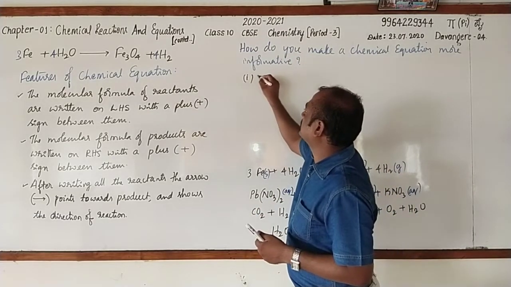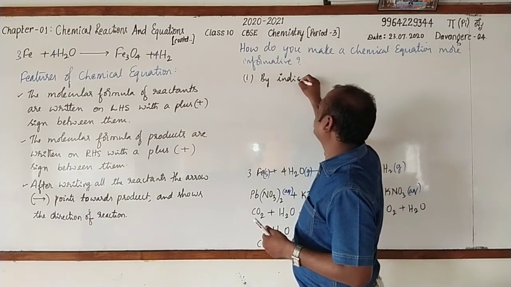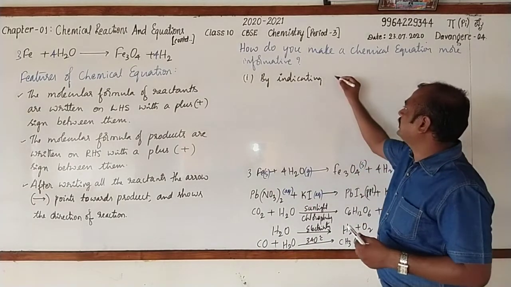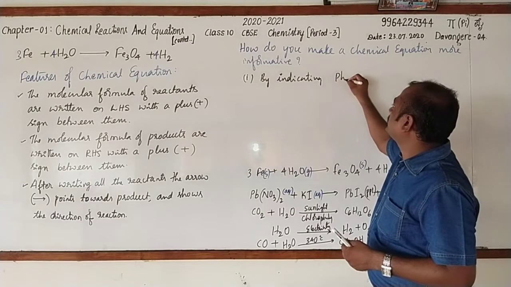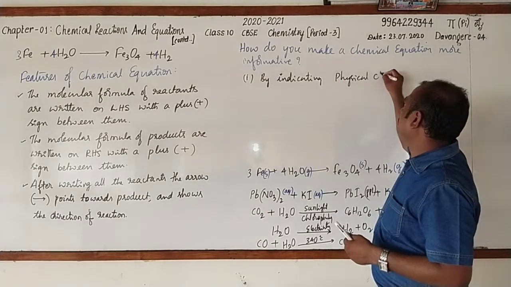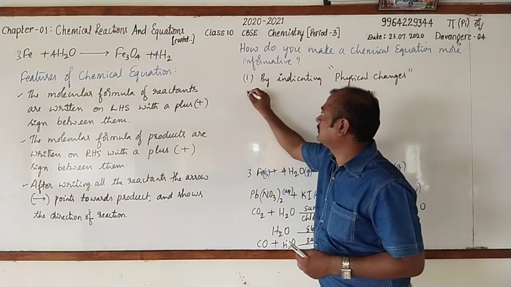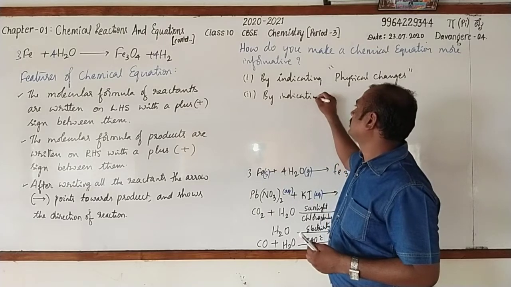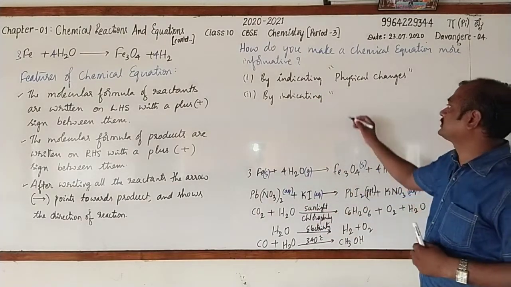The first one is by indicating, yes, the physical states. Here I write by indicating physical states. Next, the second one is by indicating what? By indicating the reaction conditions.